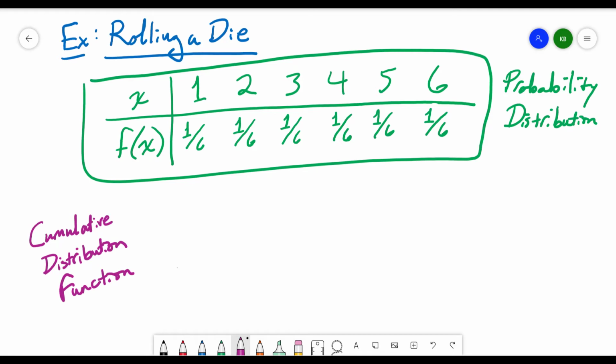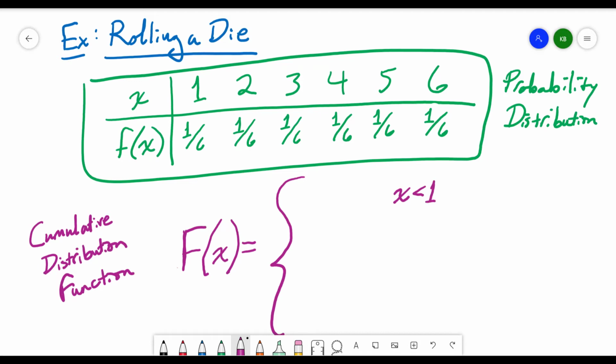now when I'm looking at the cumulative distribution function for discrete random variables, I end up with a piecewise function that's actually going to have one more piece than I have possible values for my random variable. The first piece is always going to be for the value of my random variable being less than the smallest value that it takes on.